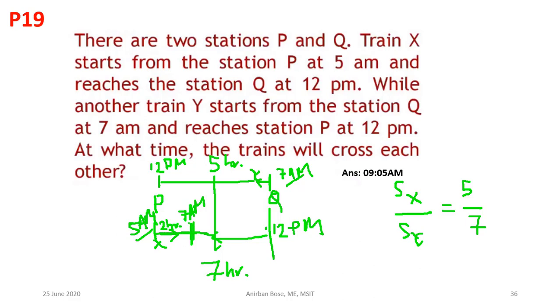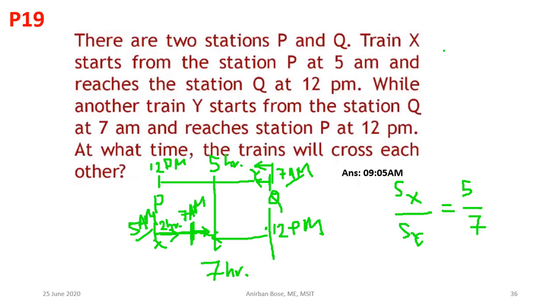Now it is 7 a.m. Now X will move from this position and Y will move from Q at 7 a.m. Now where will they meet? Now both have started moving towards each other. They will meet at a point in the ratio of their speeds.